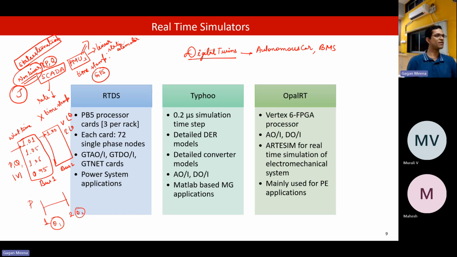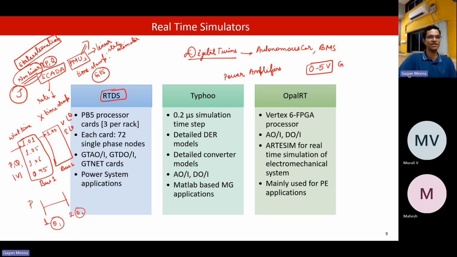So, do you know why a power amplifier is required in hardware in loops? The output of RTDS or any digital simulator is generally within 0 to 5 volts, the analog output.